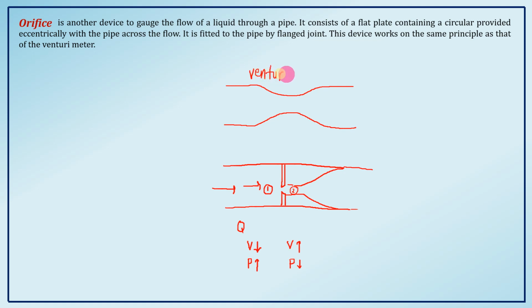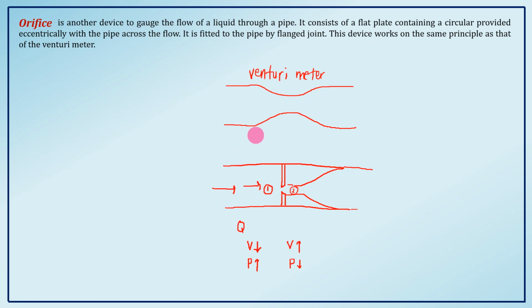So they work the same principle. Ginagamit natin yung relationship ng velocity and the pressure. Ayan. So, wala naman palang pinagkaiba kapag nakakita tayo ng mga orifice sa mga problems natin. No? Parang venturimeter lang siya.